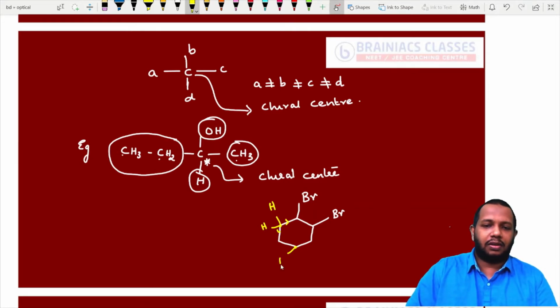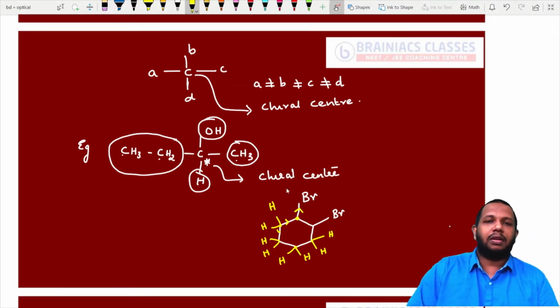This one also has two hydrogen atoms. Whenever two valencies are the same, it cannot be a chiral center. Here also one is hydrogen and the other is also hydrogen, and so on here. So all these are not chiral centers. But when it comes to here, one is a bromine atom, then the other one is going like this, and another one is going like this, and the fourth valence is a hydrogen atom.